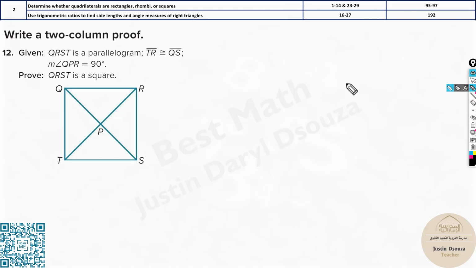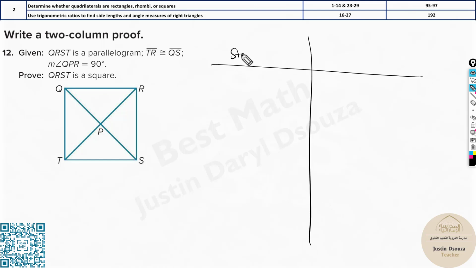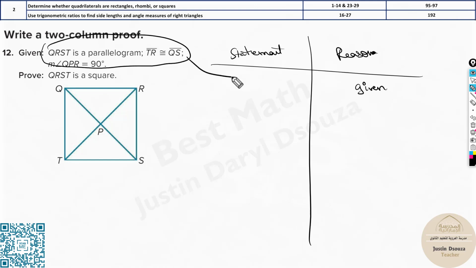Okay, we'll just start now. Now here what we will do: statement, reason. This is very important. First of all, they have given, right? You need to write the given things as they are, and write given. That's the first thing you need to do.